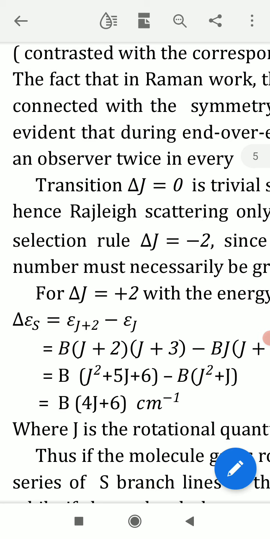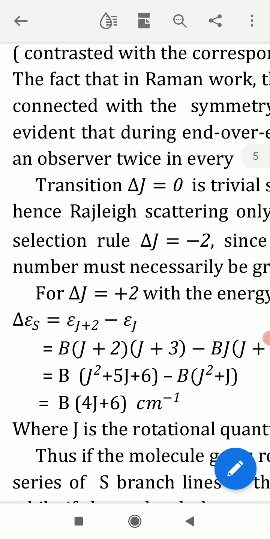So here we consider the transition from a level having rotational quantum number J plus 2 to a level having rotational quantum number J, so that delta J is plus 2.